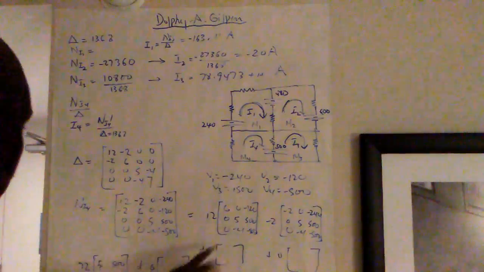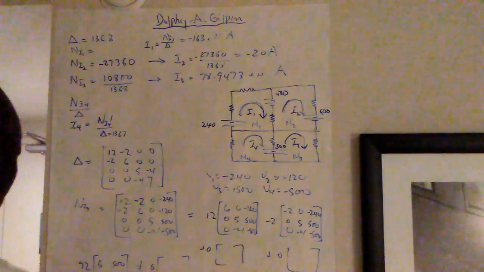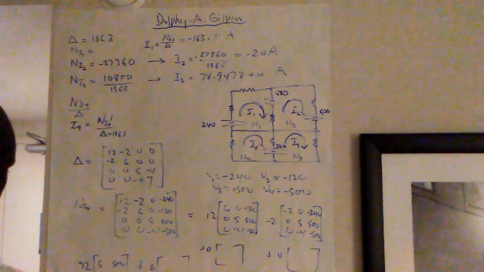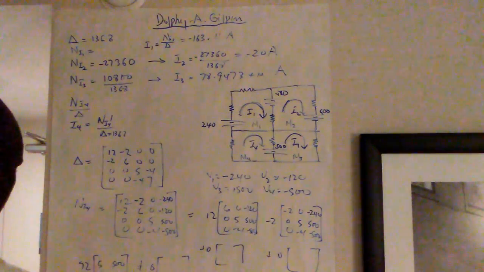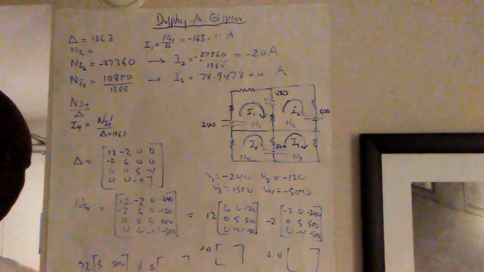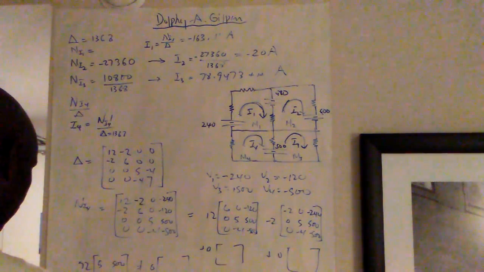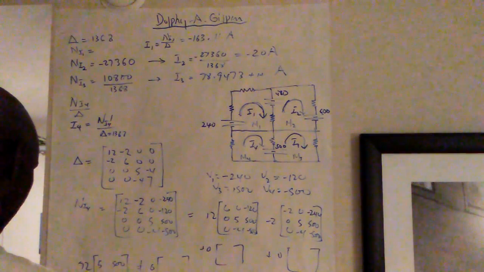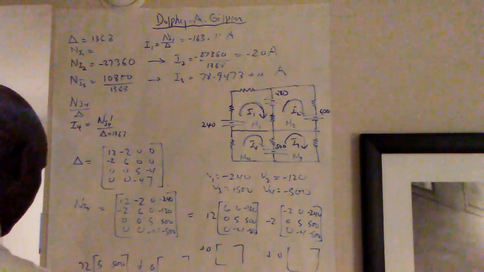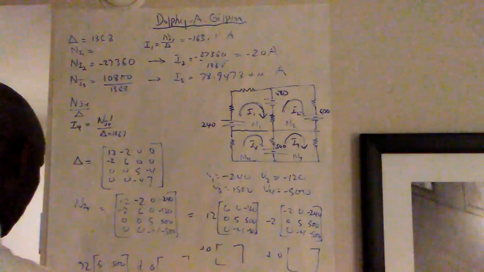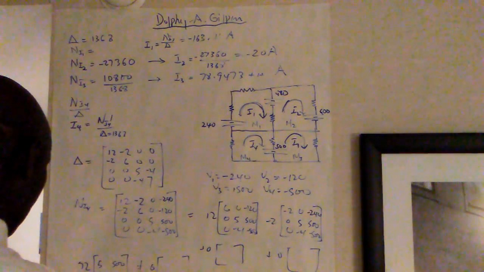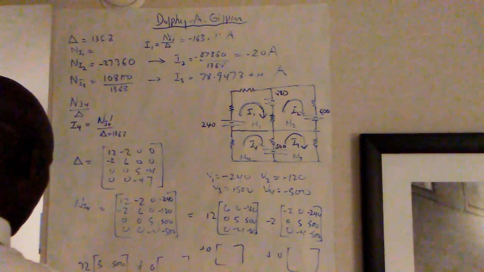So in effect, this left us with 72 into minus 500 plus 2000.